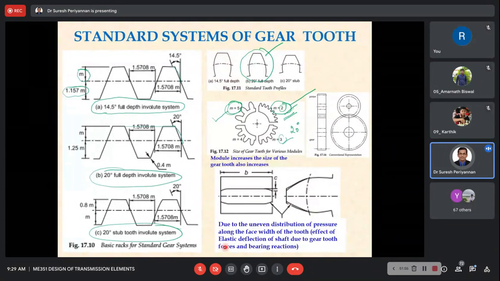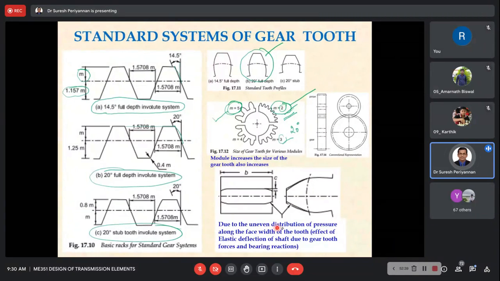We already discussed shaft dimensions, shaft design, and bearing reactions, based on the gear power transmission capacity in the problem, when we considered the tangential load and radial load acting on the gear. Based on that, we already discussed the dimensions of the shaft. Hence, this is also another reason.